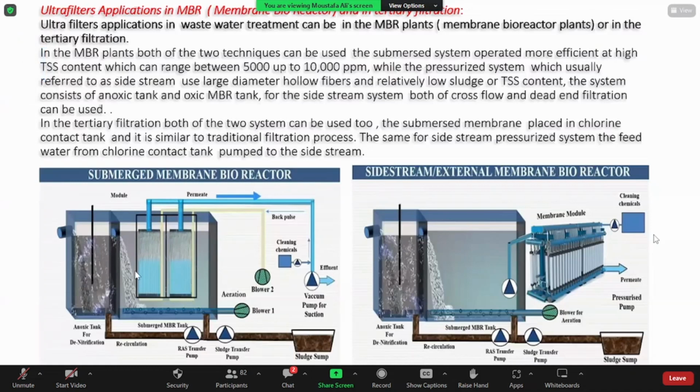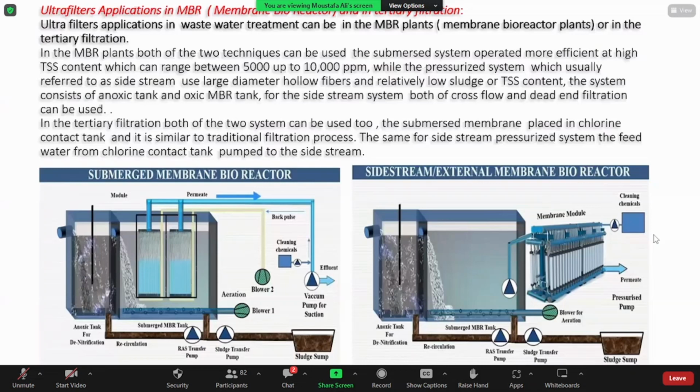Just as I say, it has an advantage over the pressurized system, that it can handle a very high value of TSS, very large content of suspended solids. It can reach between 4,000 to 10,000 ppm of suspended solids easily.